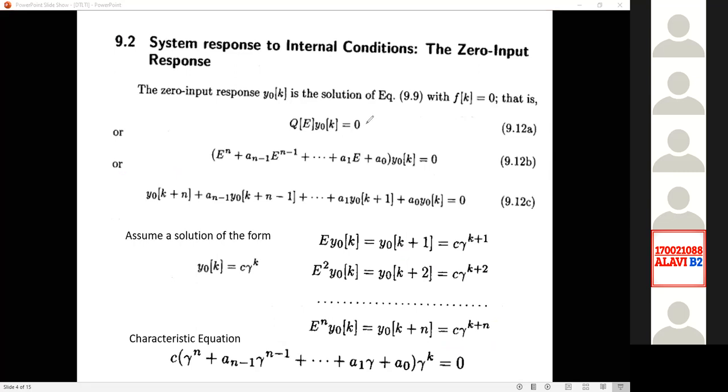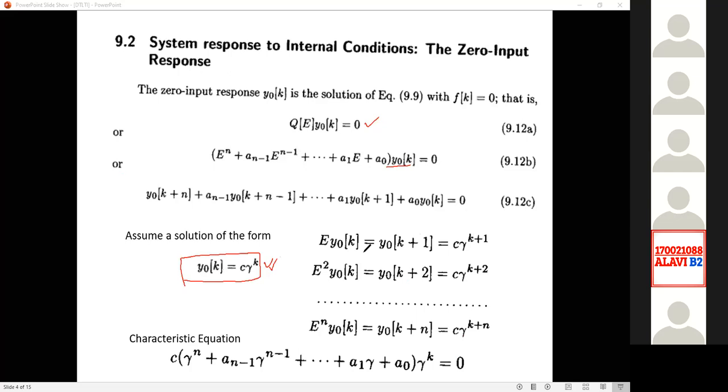This is our equation. Then we assume that our solution is of this type, and you replace your y0n by this value. Then what will happen? This y0k is being operated on by the operators.